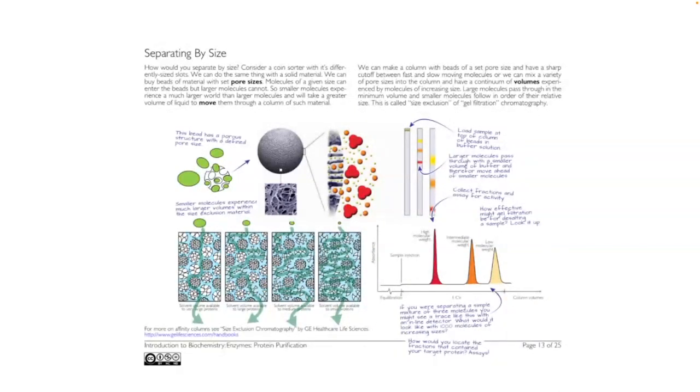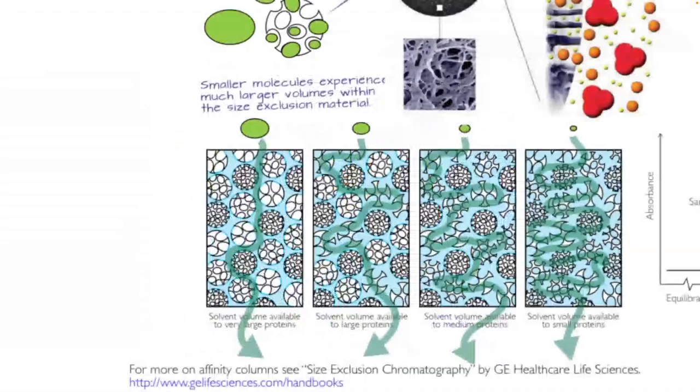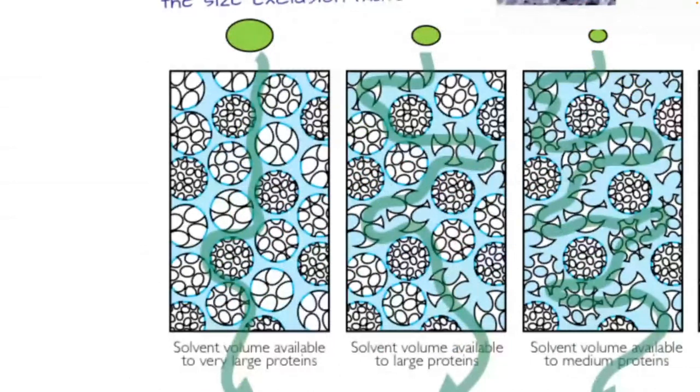So this is a size exclusion column. We have a material that is macroporous. It's got many pores in it. And what happens is, depending on the size of the pores, so if you look at this, I've imagined that there's big pores and small pores.